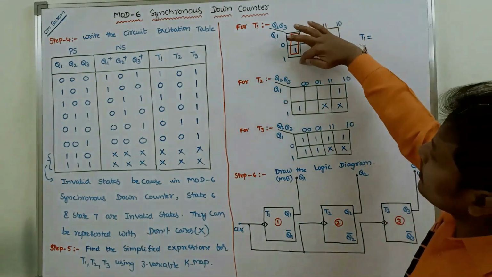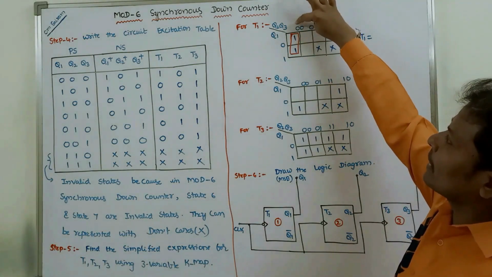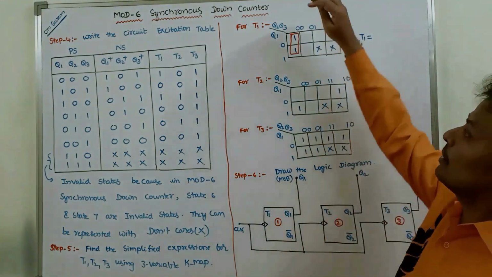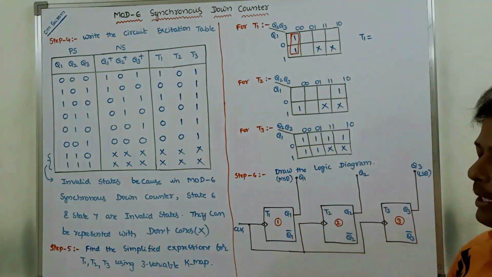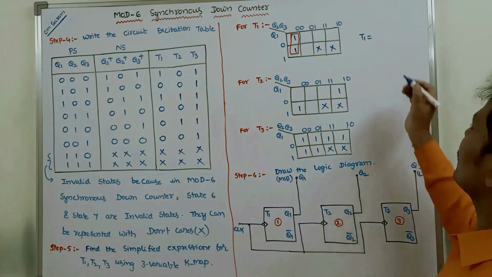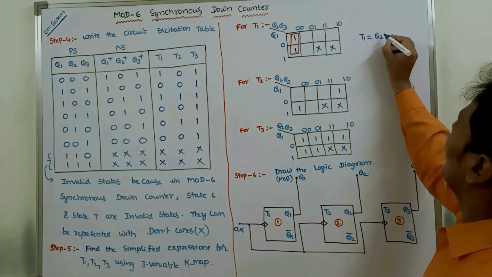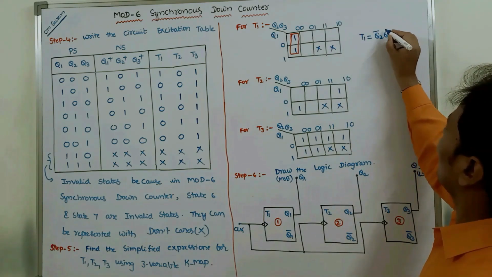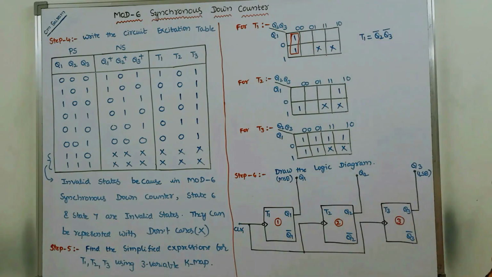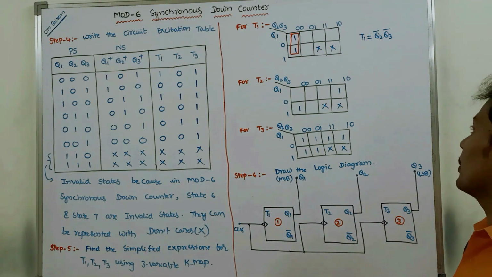In the column side of the pair, we are containing 0, 0, 0. This 0 belongs to Q2. This 0 belongs to Q3. So Q2 value is 0 means Q2 bar, and Q3 value 0 means Q3 bar. The simplified expression we are getting for T1 is equal to Q2 bar, Q3 bar.